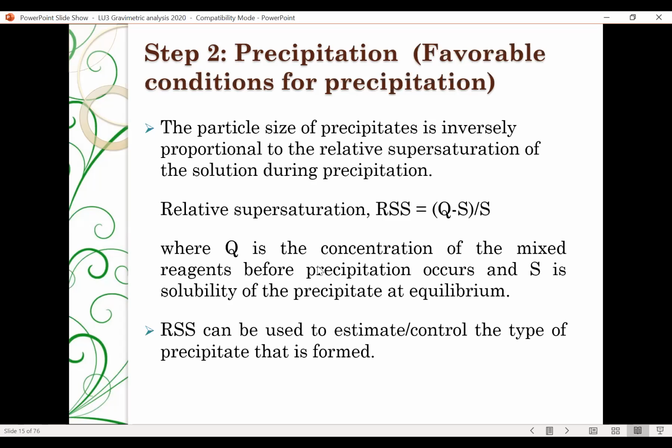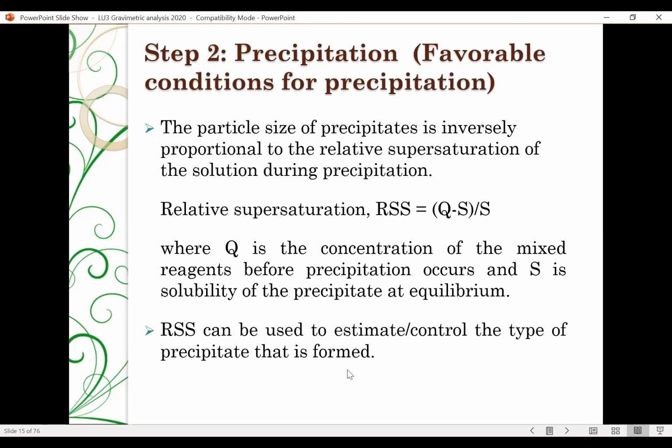Remember, when you have a solution and you add in the precipitation reagent, precipitation doesn't happen all at once. Rather, it happens step by step. So we can determine Q, which is the concentration of the mixed reagent before precipitation occurs, and S is the solubility of the precipitate at equilibrium.